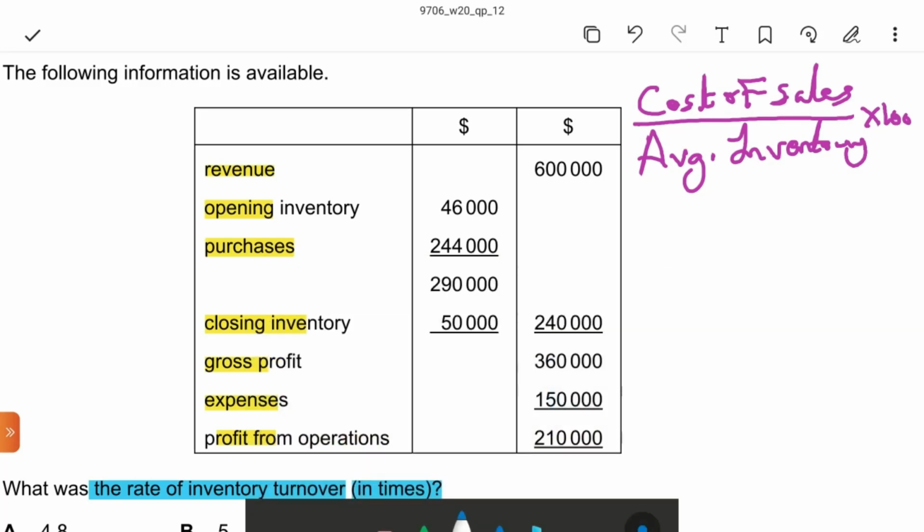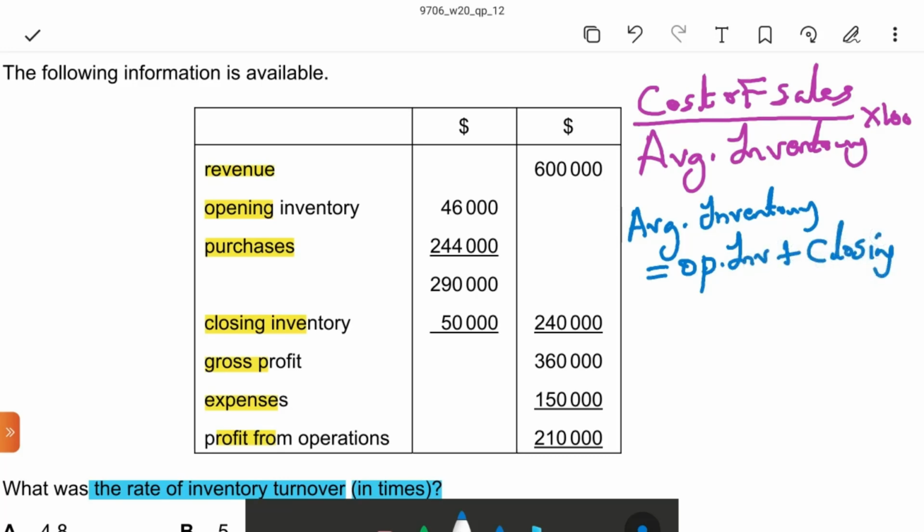So, average inventory is equal to opening inventory plus closing inventory divided by 2. That is, opening inventory is how much? The opening inventory is 46,000, closing inventory is 50,000.